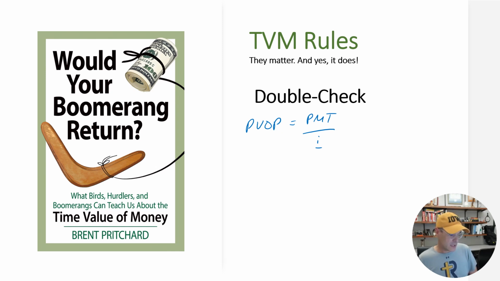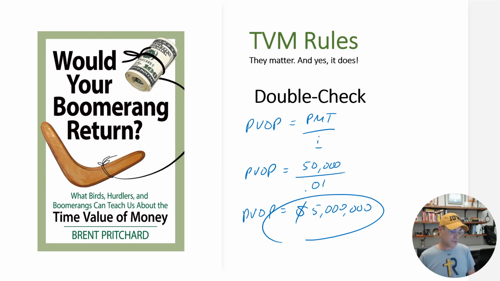And we know that the PMT payment, the first in the series, is $50,000. I underlined in this case is 4% minus 3%, because 3% is the constant growth rate of those PMT payments. That works out to 1%. So we can solve for the present value of an ordinary perpetuity. It's $5 million. So there we go.